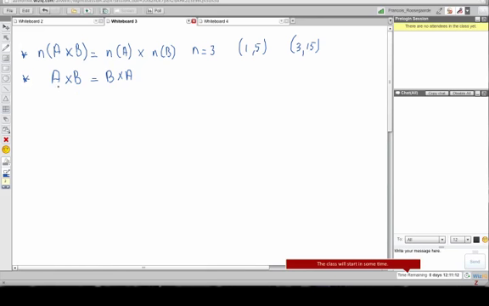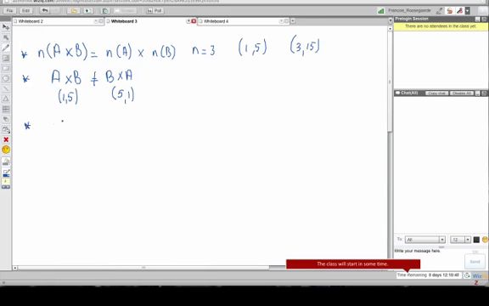In the first product, for instance, one of the ordered pairs would be (1, 5), 1 being an element from A, 5 an element of B. In the other product, however, the pair would be the other way around, and obviously this does not lead to the same set of pairs.